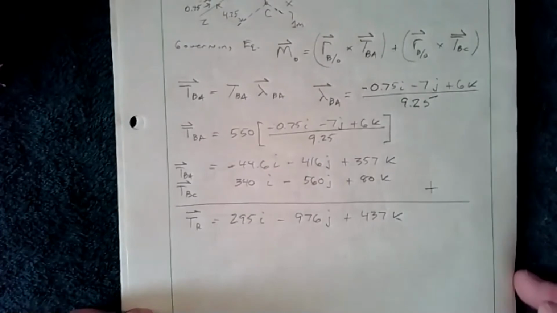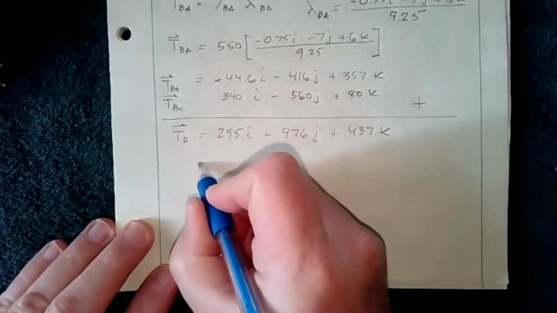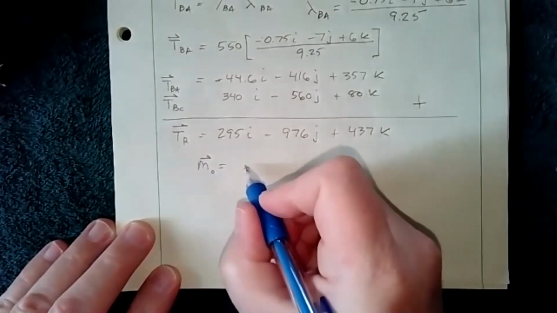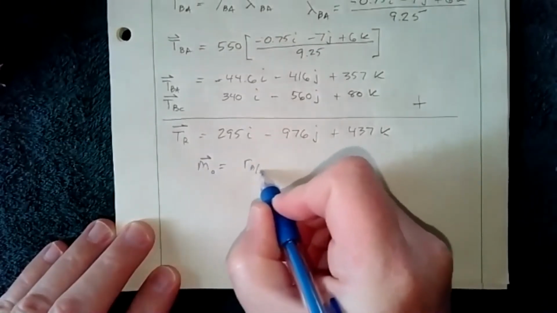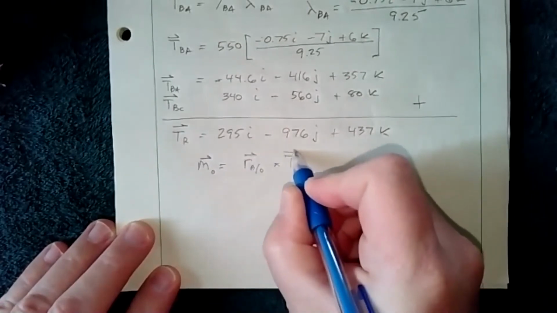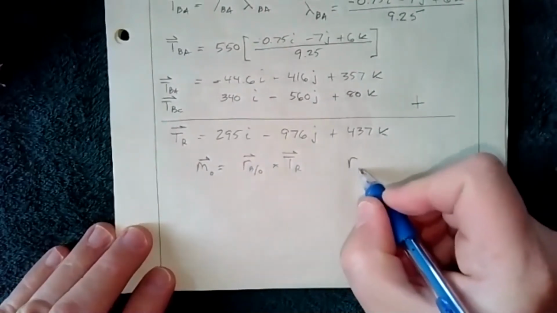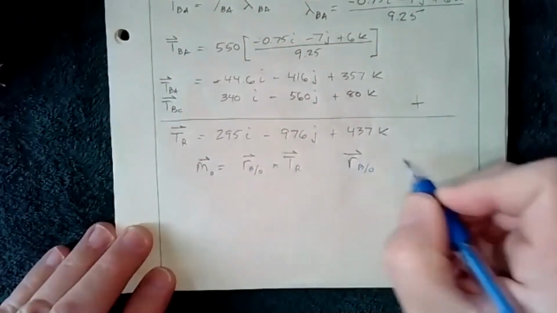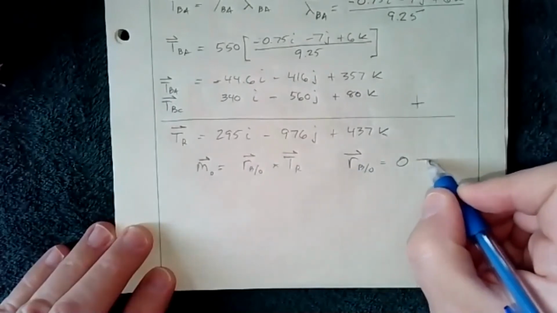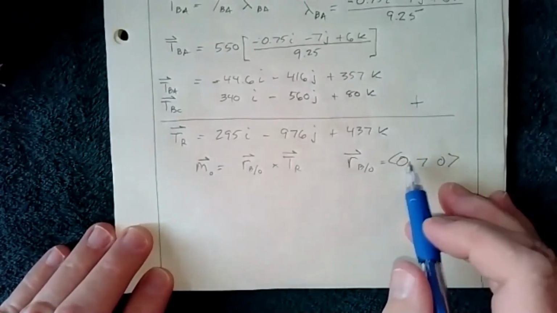I'm going to say the moment about O, in this case, is equal to RB relative to O crossed tension R. And I know that RB relative to O is just what? 0, 7, 0, right?